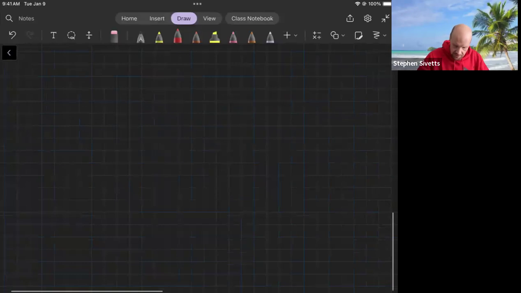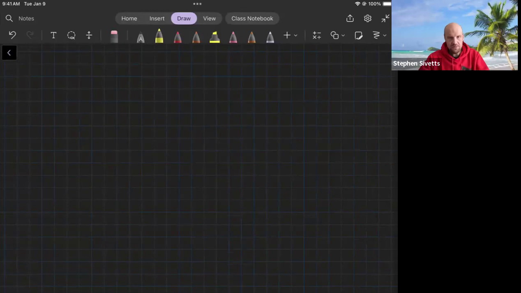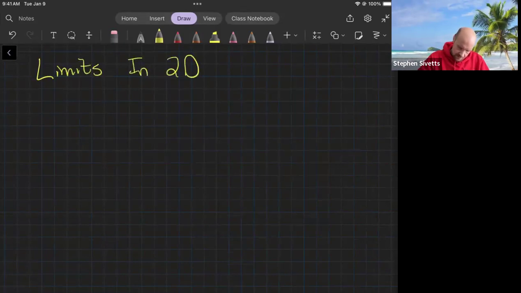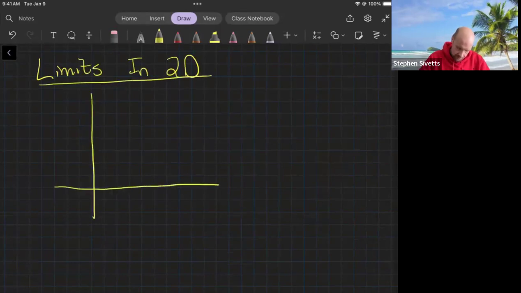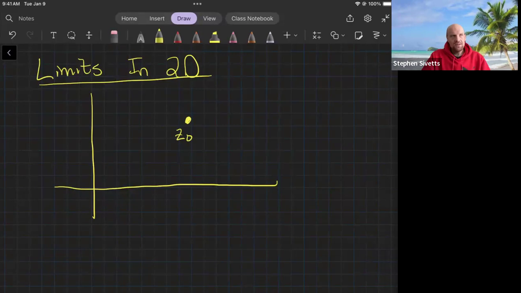Because I'm going to approach this from a calculus standpoint. And it's pretty straightforward. So, limits in 2D, let's look at that in closer detail. If I have a point in the complex plane, let's say z naught, well, in single variable calculus, there's only two ways to approach a limit.